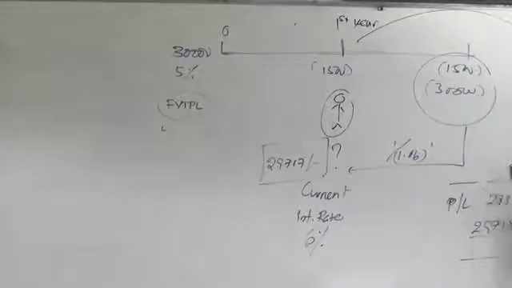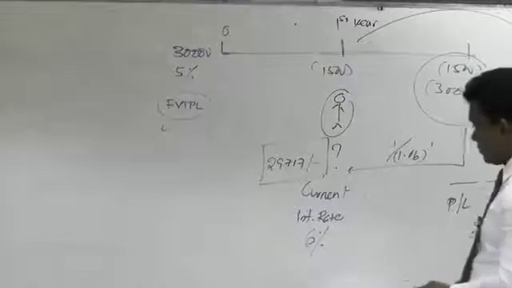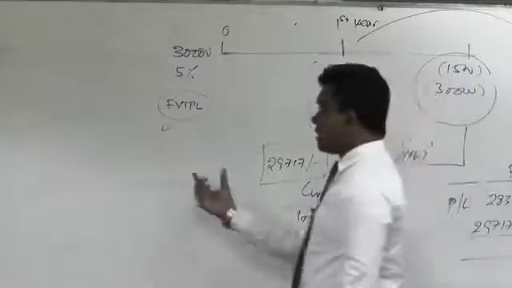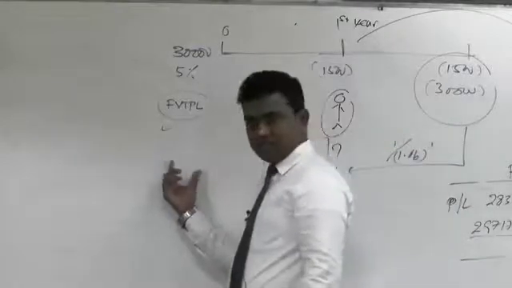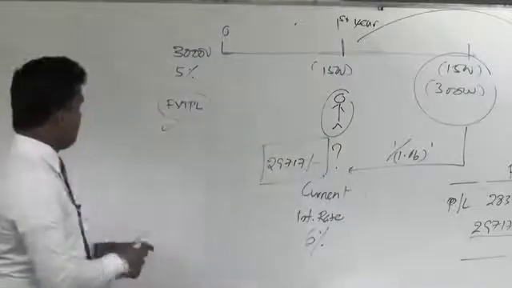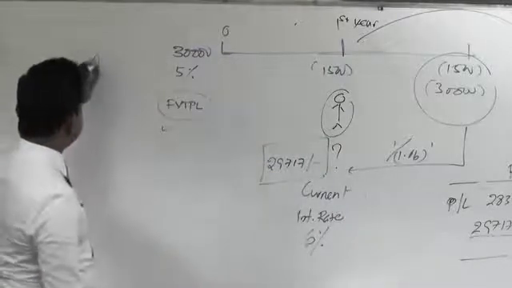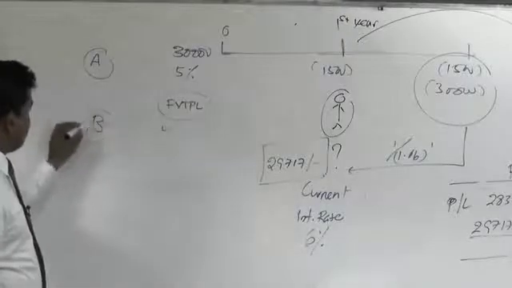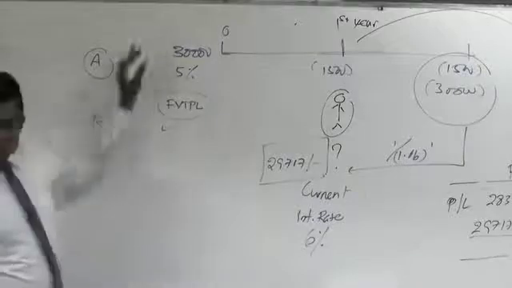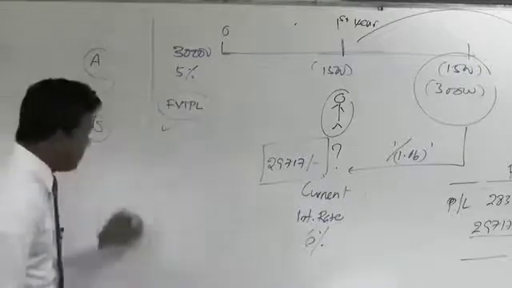Now, assume this is the market interest rate when you issued. Right? Okay. Let's take two companies, A and B. They both want to issue the same bond. Now this is the theory of the bond.